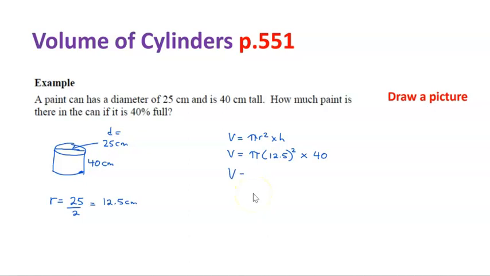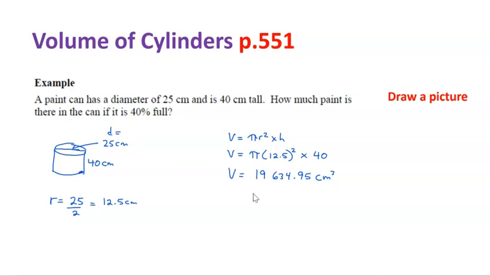When we plug in all those numbers in our calculator, we're going to get 19,634.95, a little bit more, but I'm going to round to the hundredths place there. That is cubic centimeters of volume. That's 100% full.